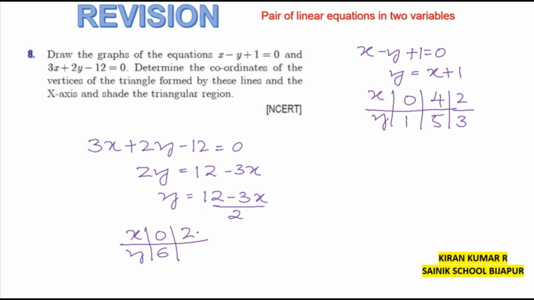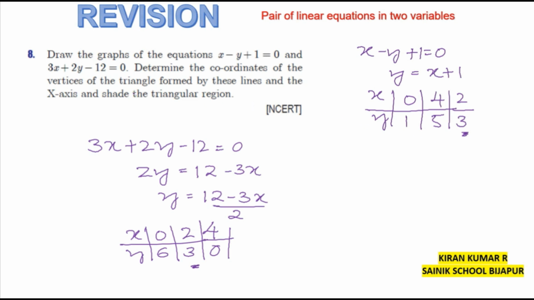If you take it as 2, 3 times 2 is 6, subtracted from 12 is again 6, 6 by 2 is 3, so (2, 3). If you take the value of x as 4, you get the value of y as 0. Now again from these two tables, you can guess that (2, 3) is the solution, meaning (2, 3) is the point where these two lines meet each other.